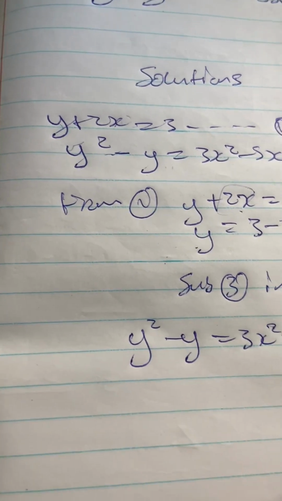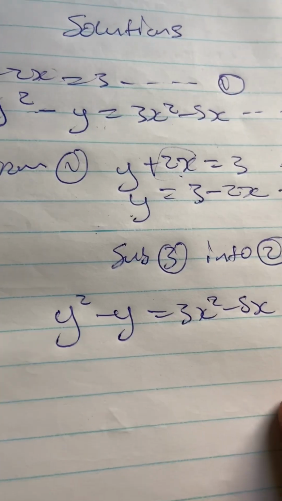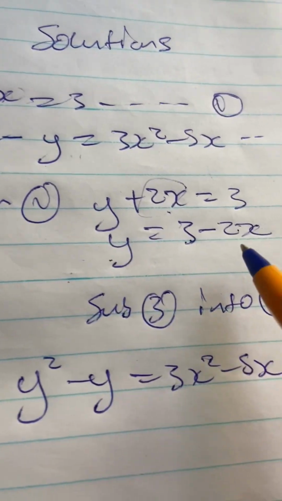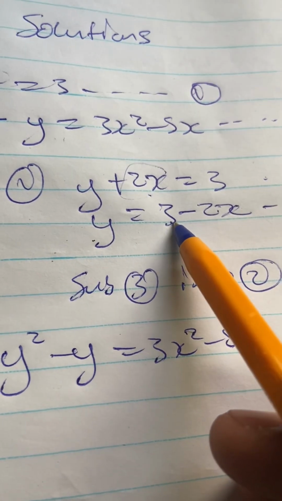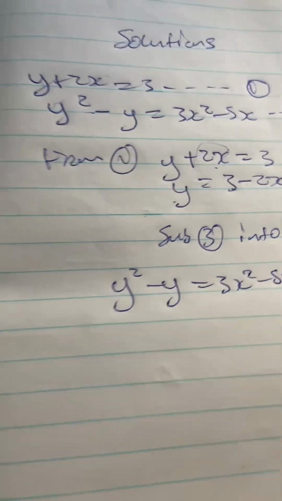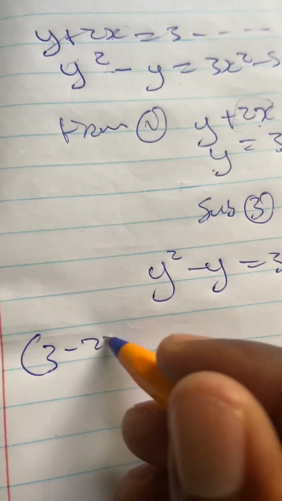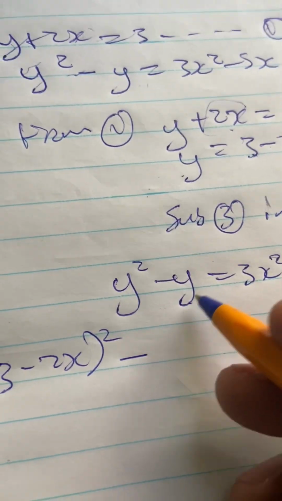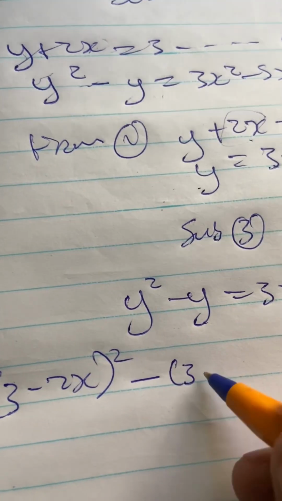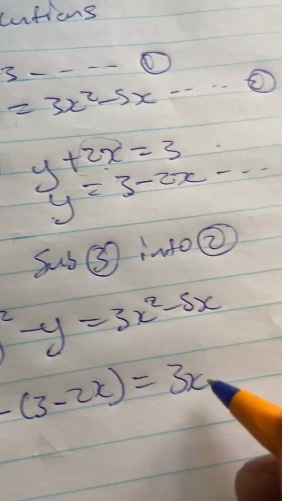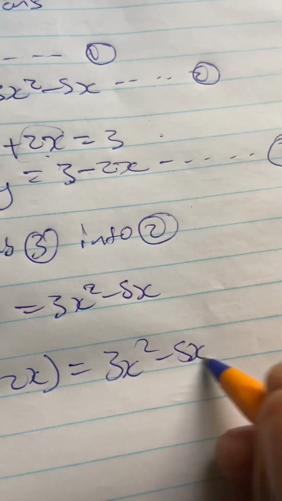The only thing we're going to do here is substitute. Wherever we see y, we substitute it by 3 minus 2x. So it's going to be 3 minus 2x squared, minus, instead of y we put 3 minus 2x, is equal to 3x squared minus 5x.